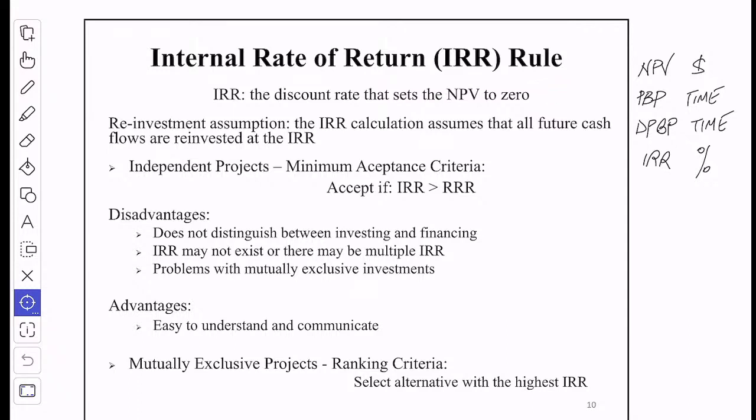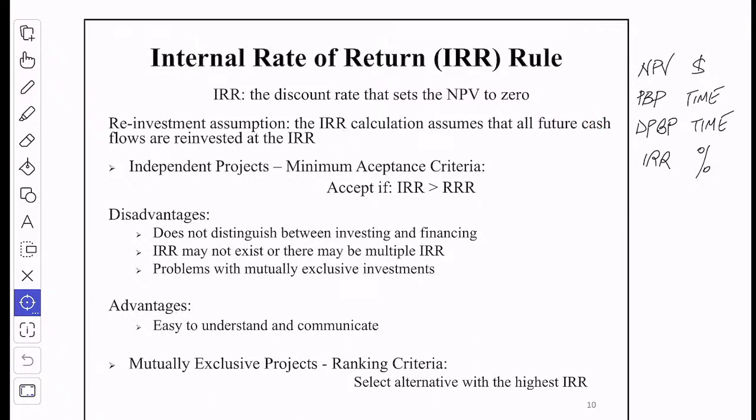We are making an assumption while we're doing this that throughout the duration of the project, the IRR that you get indicates that all future cash flows are reinvested at that internal rate of return.